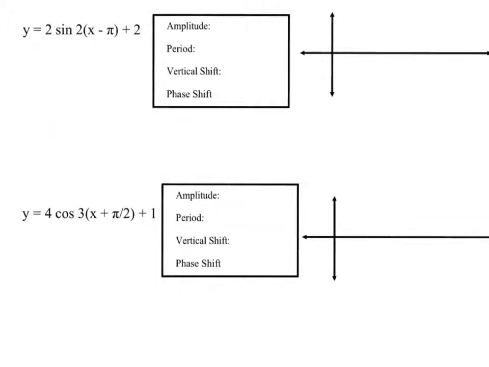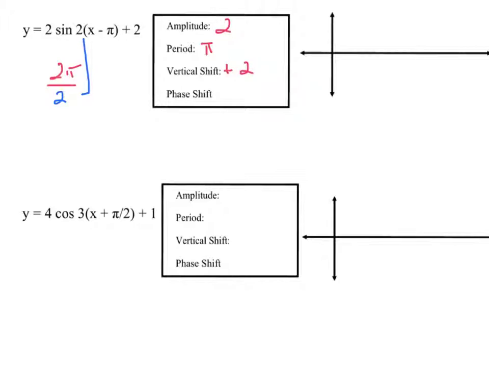I wanted to do a couple here with phase shifting, so let's start the same. The amplitude is still going to be 2. It's still that lead coefficient, so 2 is 2. Period is still 2 pi over the coefficient of x, which is 2. So this will just be pi. Vertical shift is plus 2.